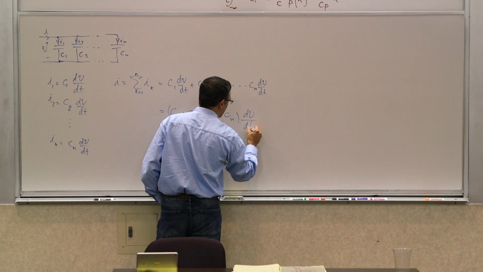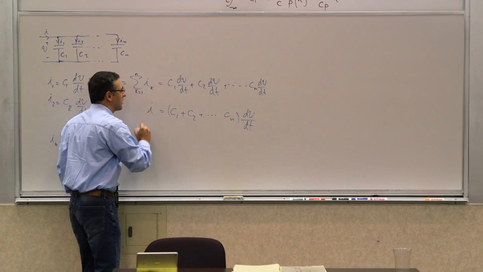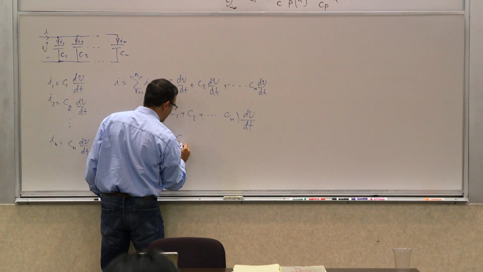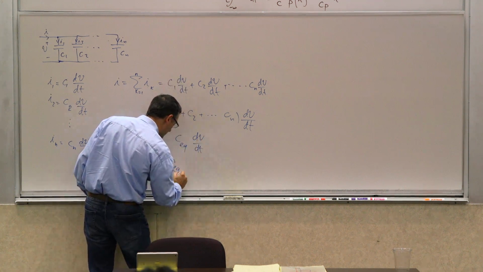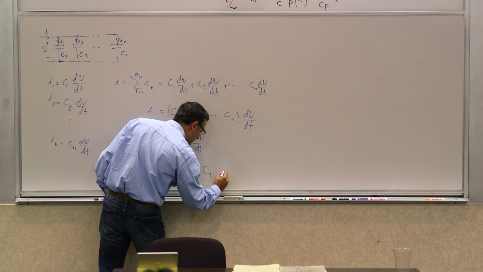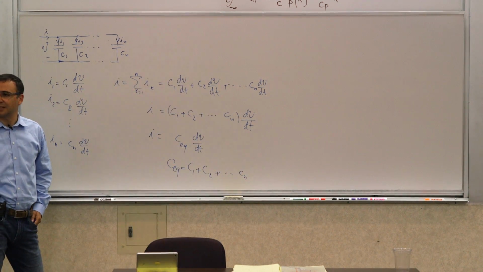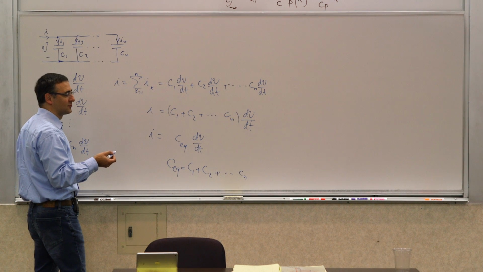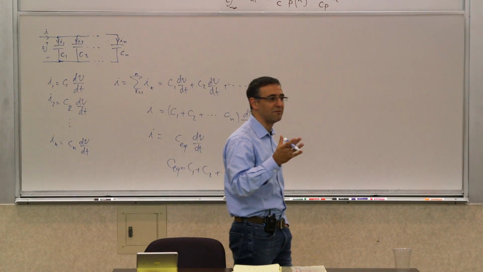So this is some basic stuff you're aware of already. Just refreshing your memory on that. This looks like the current of a simple capacitor, C equivalent dV dt, whose value is C1 plus C2 all the way to Cn. Which means that if you have n capacitors in parallel, the effective capacitance is the sum of the capacitors. Right? So in that sense, you could argue that capacitance behaves differently from a resistor, inverse.